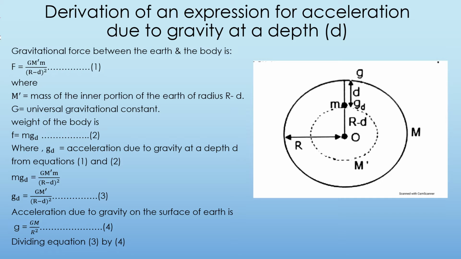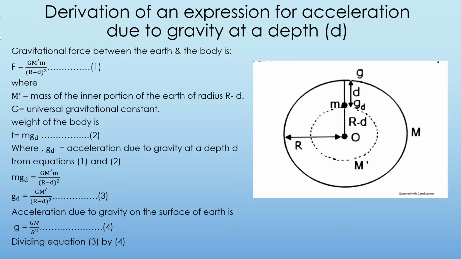For this, let us consider a body of mass m, small m, inside the earth of mass capital M, and r be the radius at a depth d, as you can see in the diagram. So the gravitational force between the earth and the body, we can write as F is equal to G M' m by (R minus d) whole square.